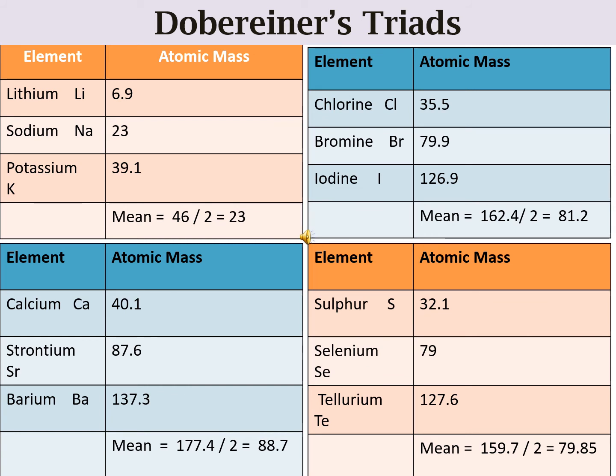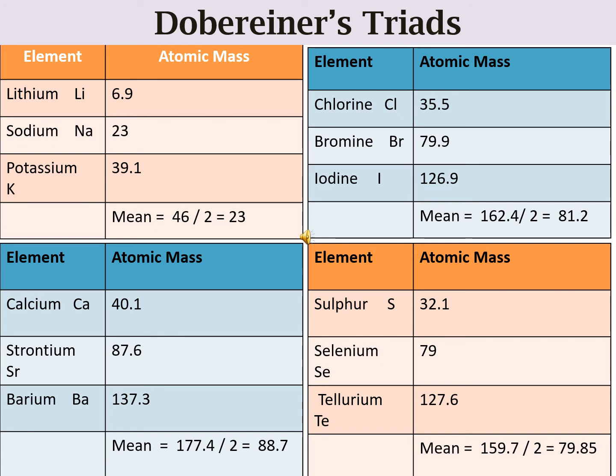Actually strontium's atomic mass is 87.6. But again we find that the difference is very less, and that can be ignored, and we can consider even calcium, strontium and barium to be one of the triads.